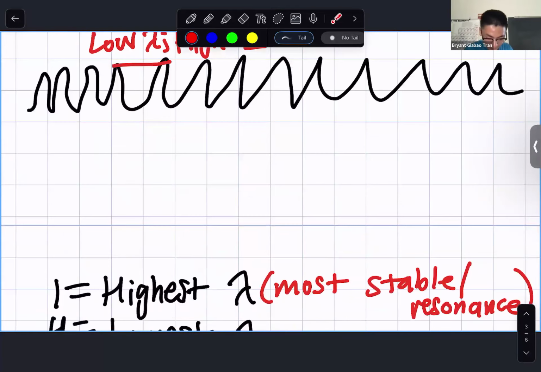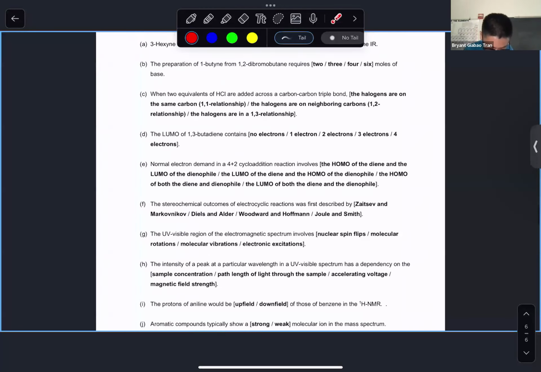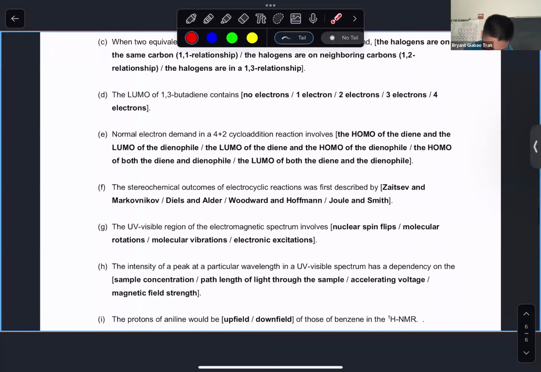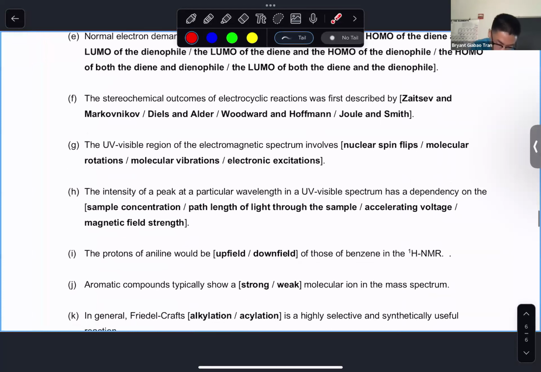Okay. So let's do the UV Viz vocabulary questions on the practice exam. Let's look at G and H here.